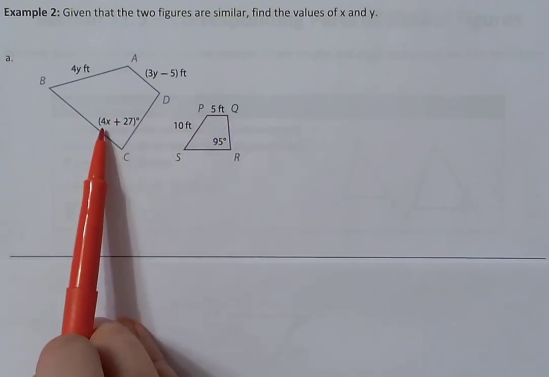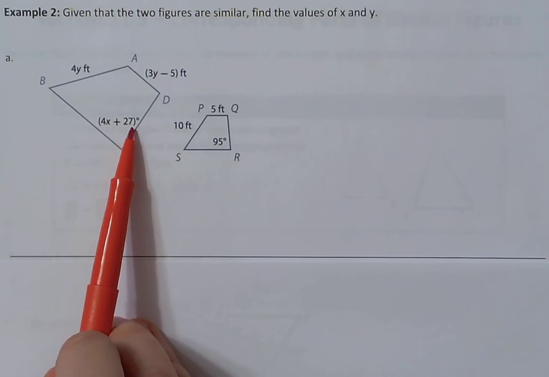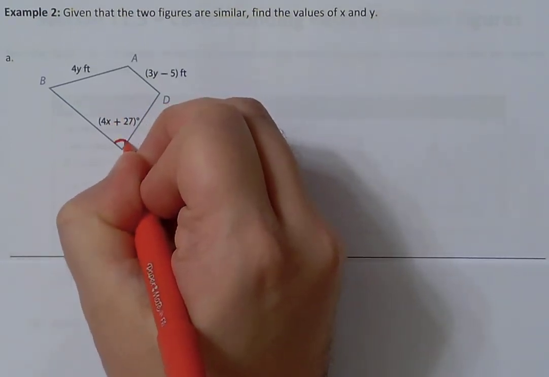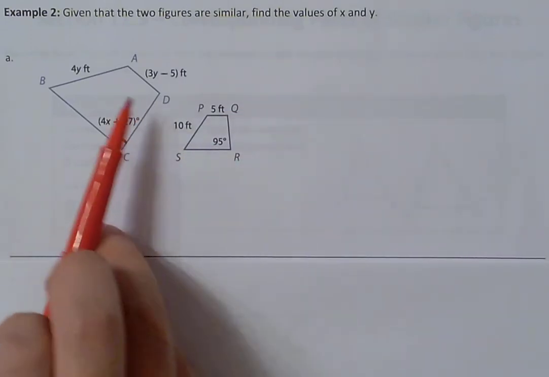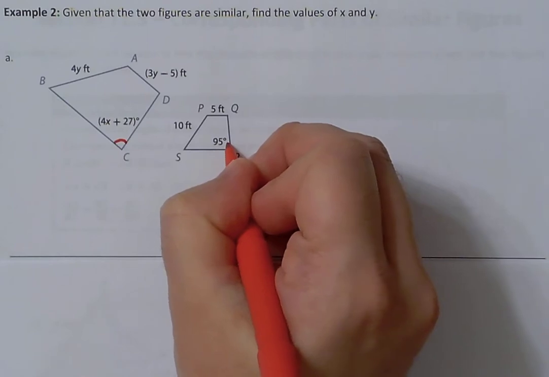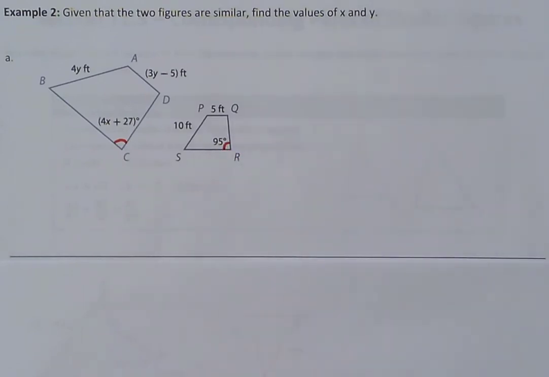So, this 4x plus 27 degrees. This angle right here, just by looking at this trapezoid compared to this one, is going to be congruent to this angle R. Also, that's the only information they gave me on angle measures, so odds are they are going to relate to each other.